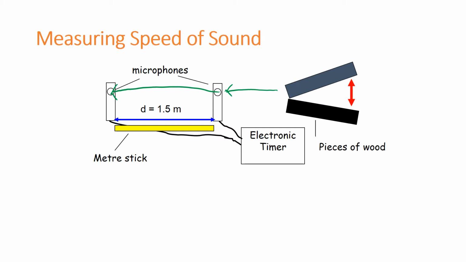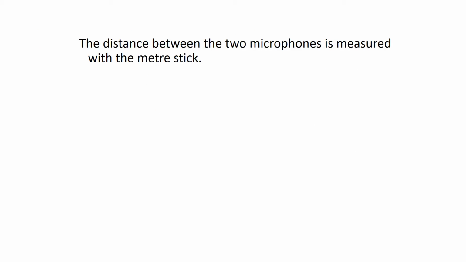We need to use an electronic timer because the times are very small, because the speed of sound is fairly large. So if you're describing the experiment, you need to say what you measure: the distance, with a meter stick.